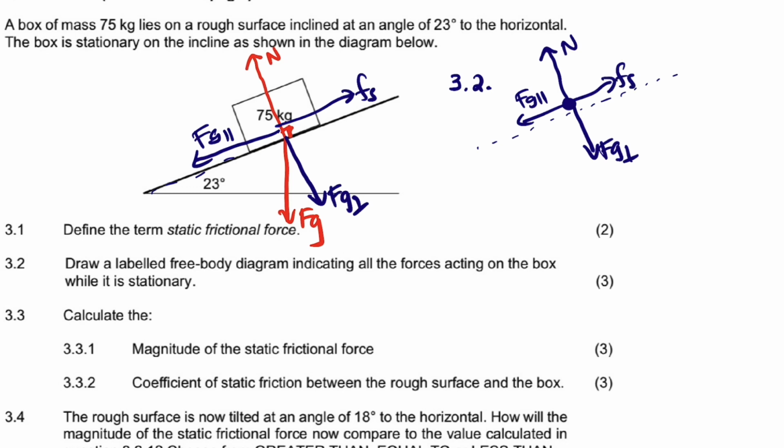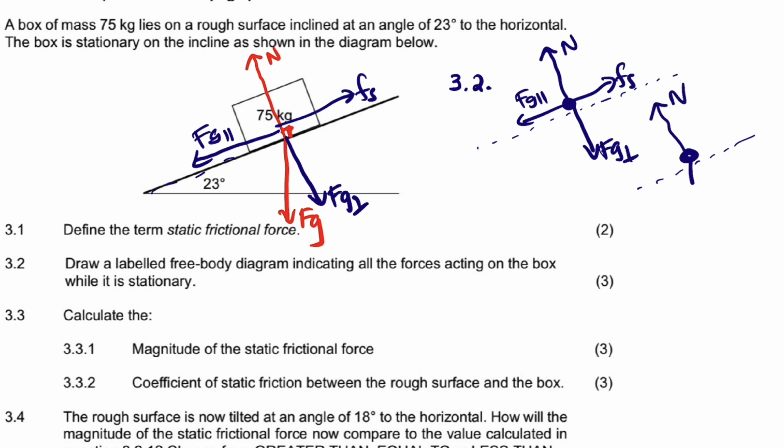and Fs. There are two ways you can represent that. The one that I've done, guys, is the free body diagram using the components of the gravitational force, FG parallel, or I can do it this way.